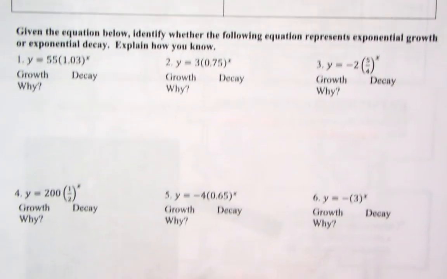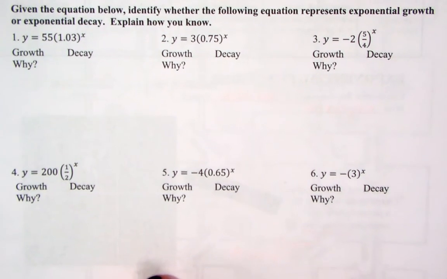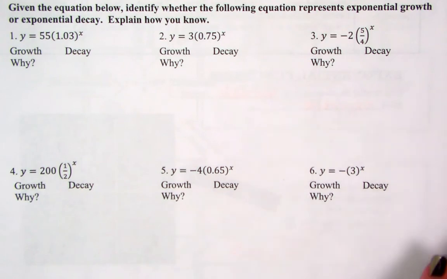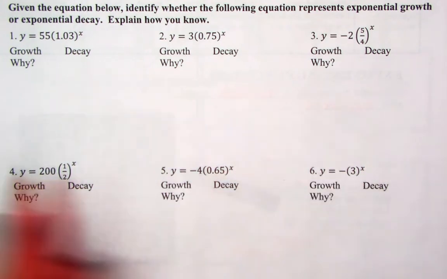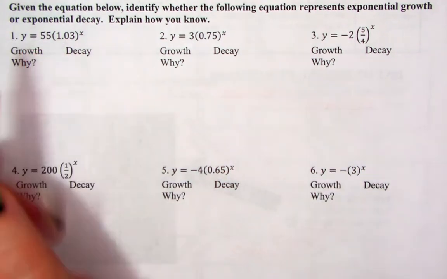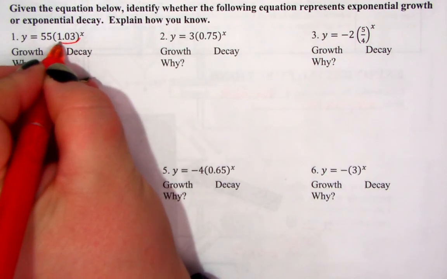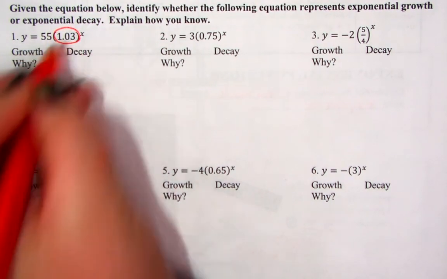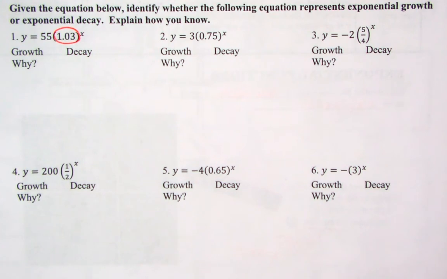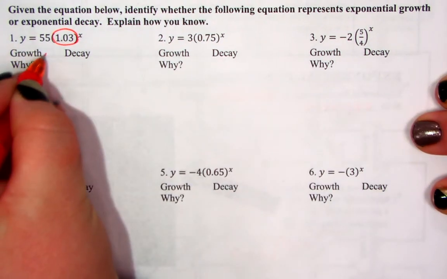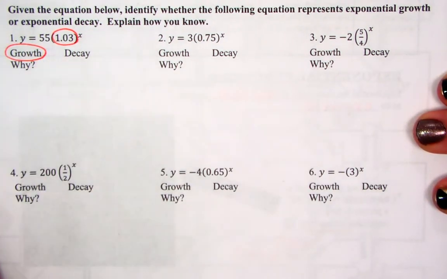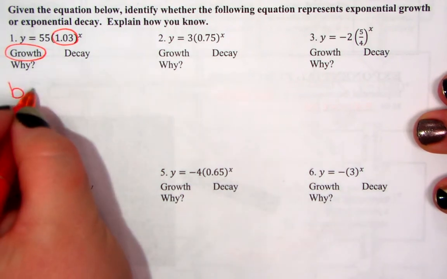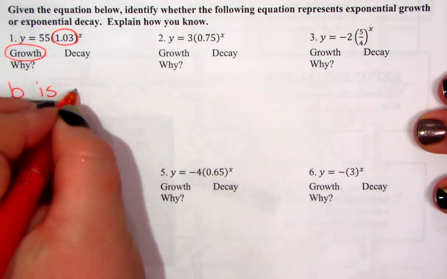So let's go ahead and practice for our level 1 here and tell whether each one of these is growth or decay and why. So this first function here, my b value can always be found because it's directly next to the exponent. In this case, b is 1.03, which is greater than 1. So we will say that this is growth, because b is greater than 1.